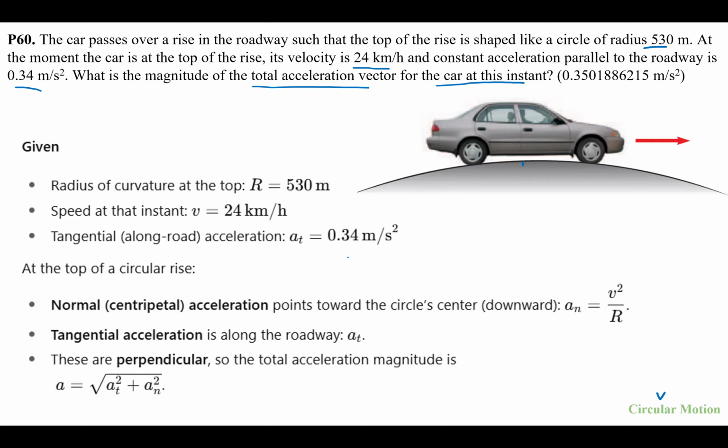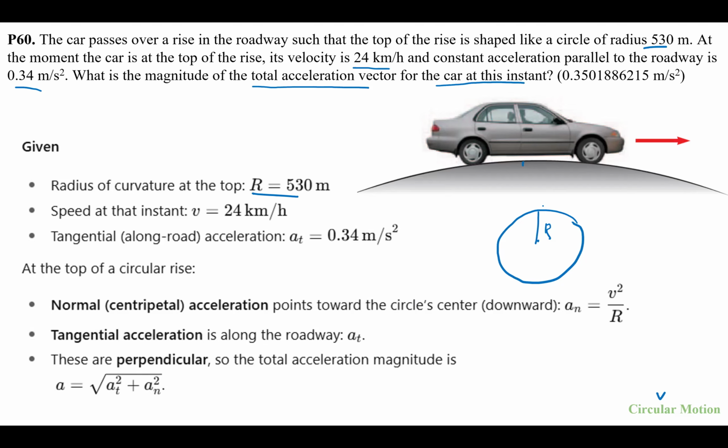So first of all, we need to understand what is not given and what is given. Here are what are given. The radius of curvature on the top. So that means, if you think about it, it is circular motion. So radius is given.